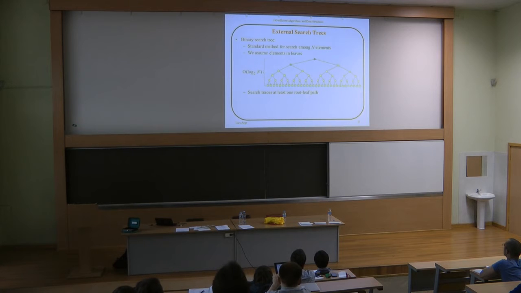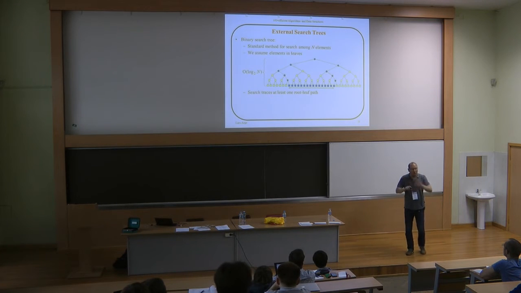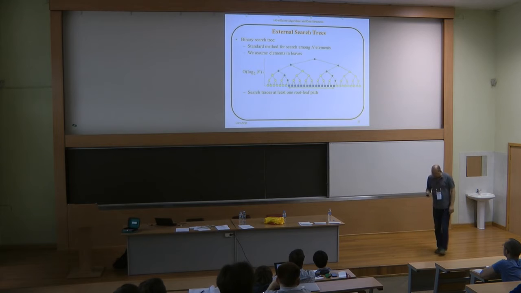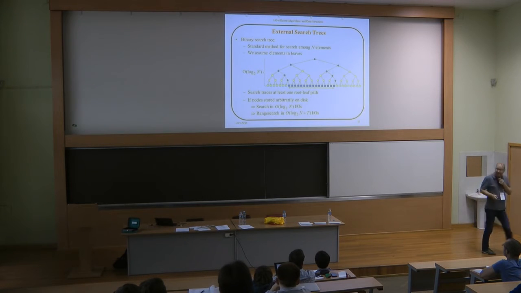When I want to find an element, I of course just search down one path using log n time. And similarly, if I want to do a range search, so find stuff in a range, then I can search down and walk along the leaves, or I can search down two paths and walk along the leaves. If I just put this tree on external memory, ignoring that it's big and can't fit in memory, then you can quickly realize that a search is going to take you log base 2 of n IOs.